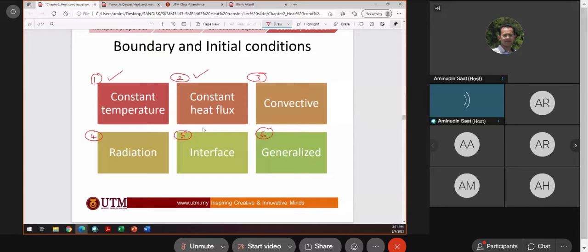This is what was explained in the video. So these 3 common boundary conditions will be applied, plus the general heat conduction equation, in order to solve heat conduction problems.